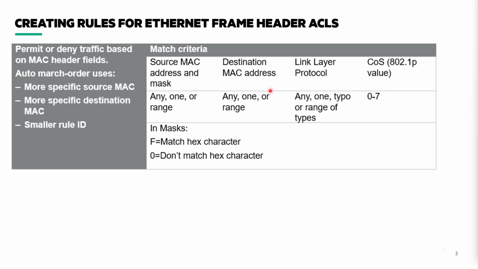Now, in the world of MAC, a hexadecimal 1 means match and a hexadecimal 0 means do not match, so it's the other way around. It's not similar to the IP based. 0 means don't match, you don't care, basically. So this is used when you need to have a range.